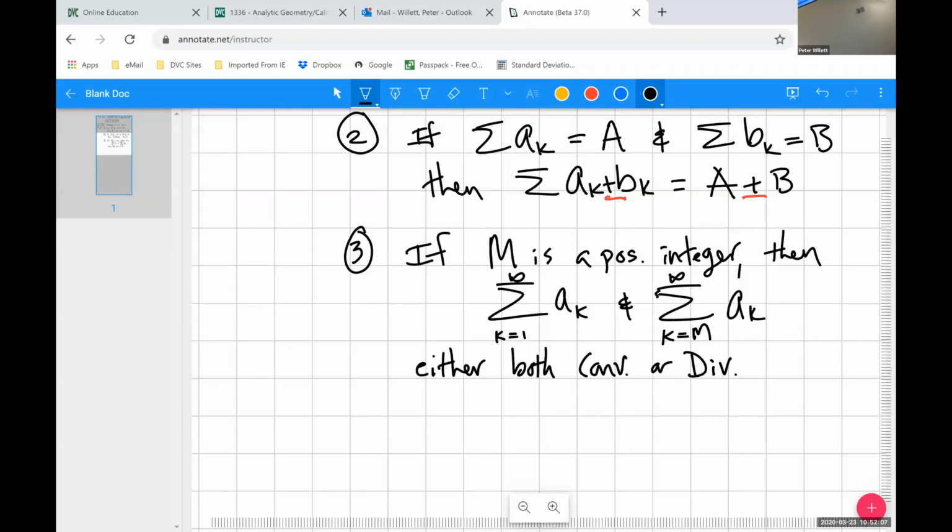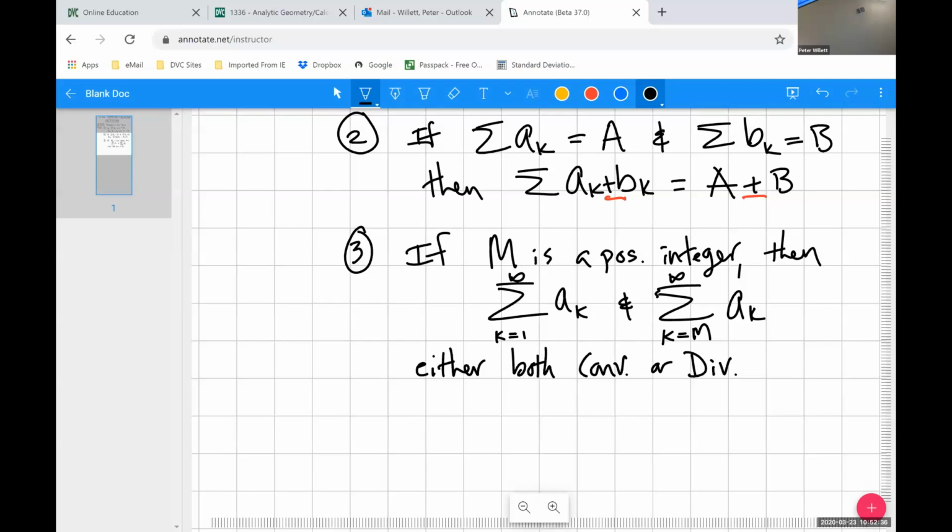And if I add a finite number to any divergent series, that's not going to make it converge. Similarly, if I add a finite number to any convergent series that settles in on a number L, that's not going to all of a sudden make it diverge. So if it's convenient, when you're trying to see if a series converges, you can skip the first finite number of terms.